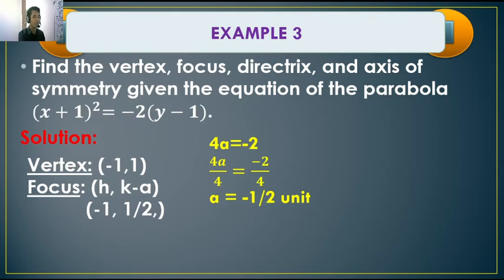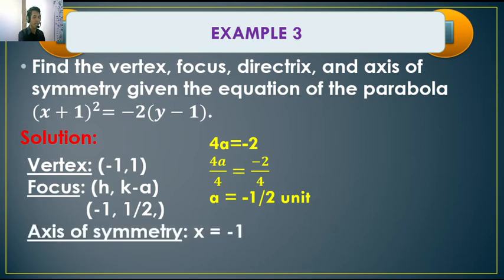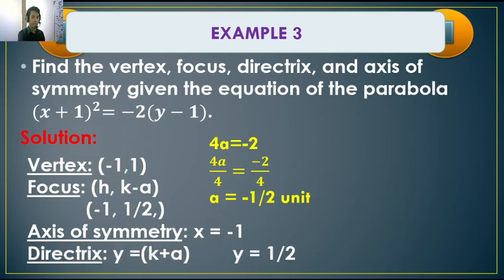So the focus is (negative 1, 1/2). The axis of symmetry is x is equal to negative 1. And the directrix, y is equal to k plus a. Our k is 1 and a is 1/2, so 1 plus 1/2 is 3/2.